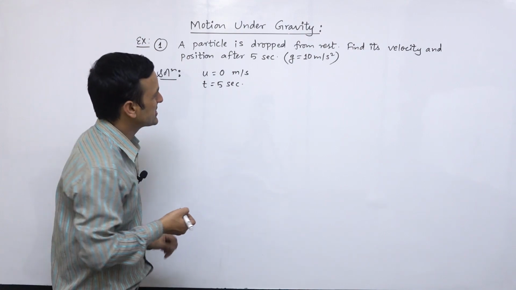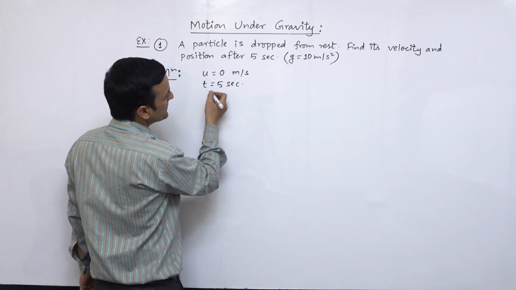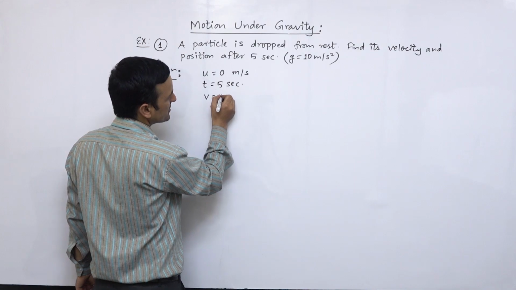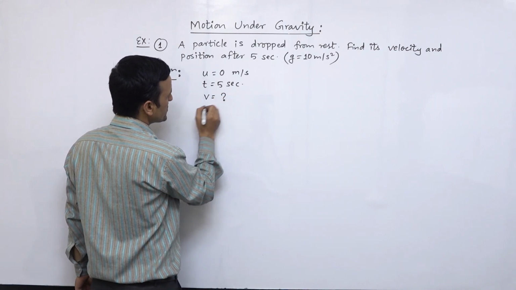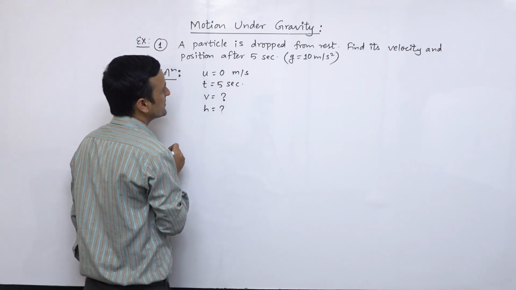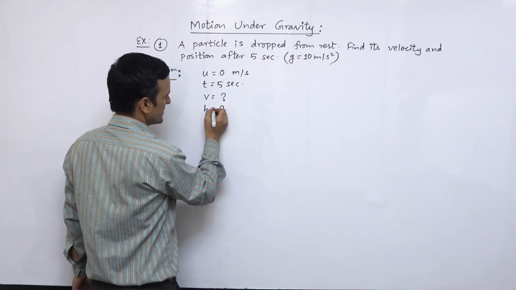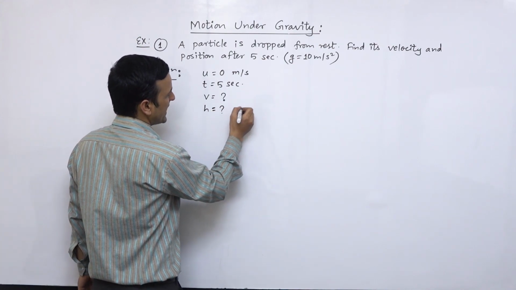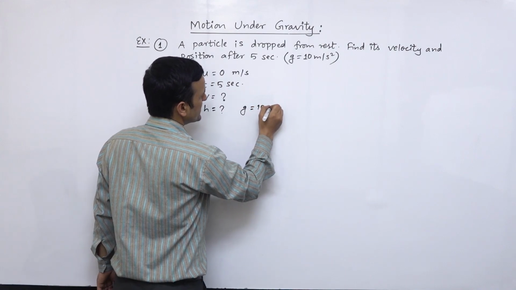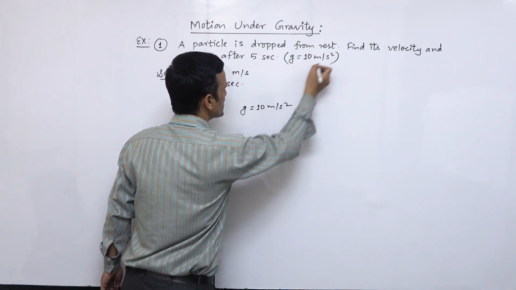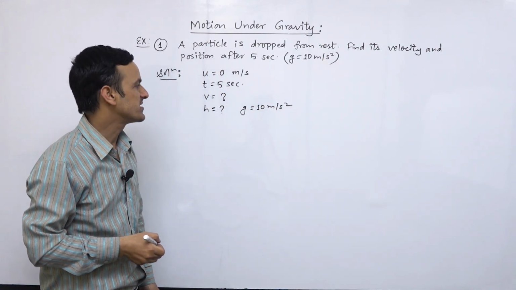So write down the unit also. And final velocity we don't know, and the position means at what height the particle is there. So h = what, and the value of g is 10 m/s². It is also provided information.